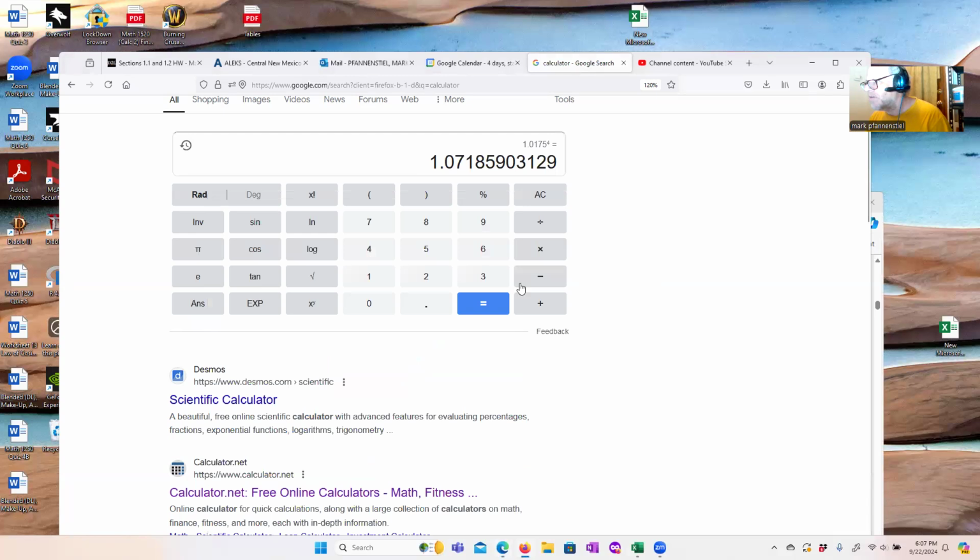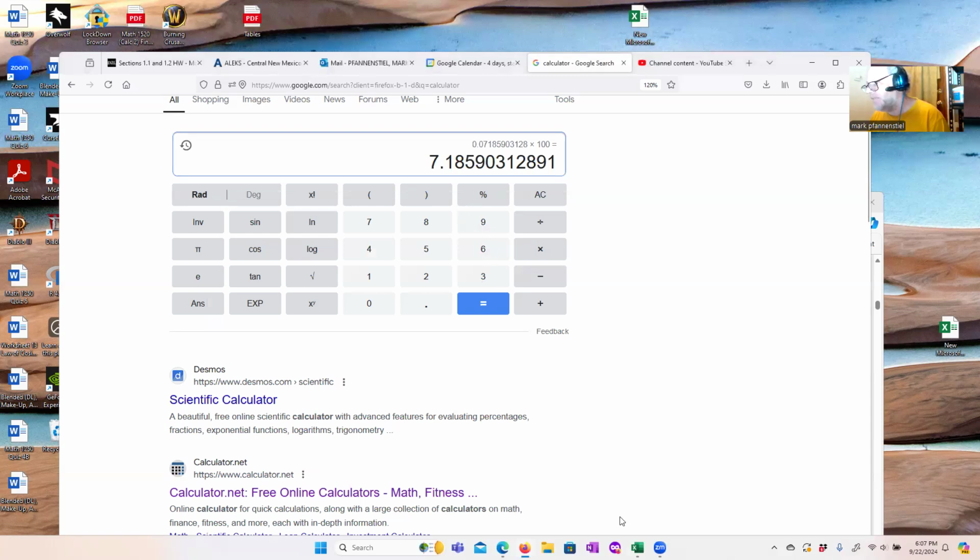Equals. And then to put it back to an APY, I'm going to multiply it by 100, so it goes back to being a percentage. So we can see if we're given a 7% interest rate compounded quarterly, that's like somebody giving us a 7.19% interest rate. That's really what that is.